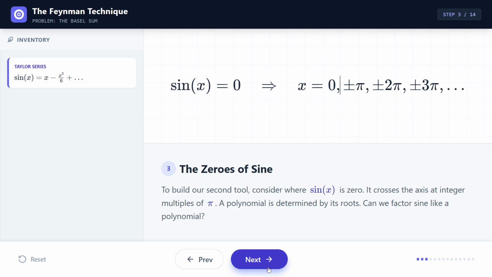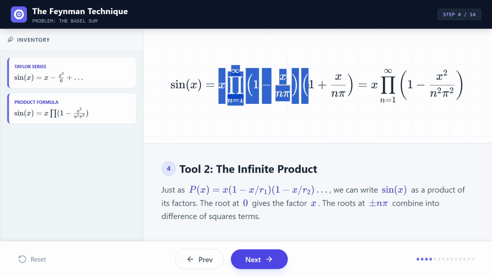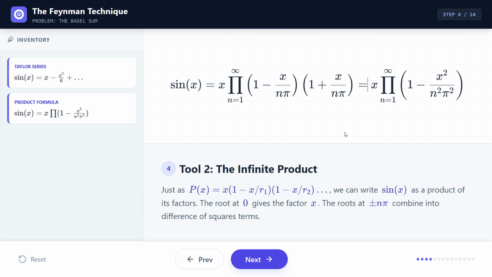That's important. Okay. So if we know some function has zeros at n pi, we can express it as a product as long as there are zeros at n pi. And we have zeros at n pi in this product, as you can see.